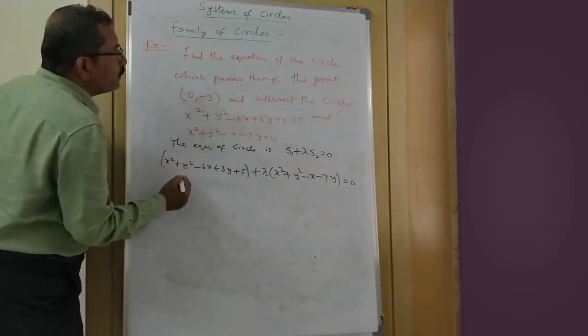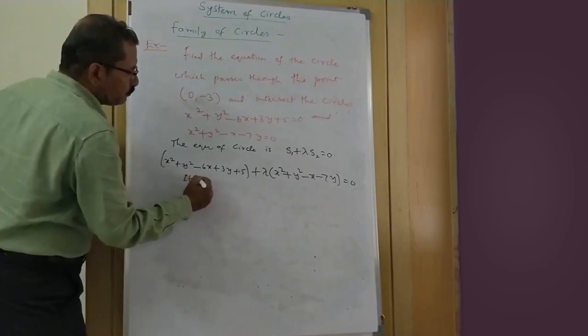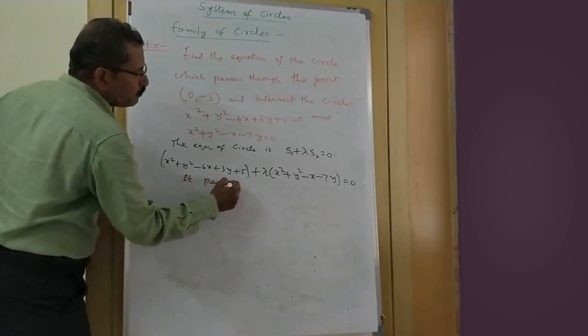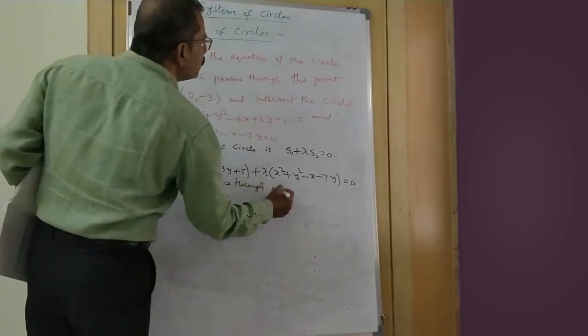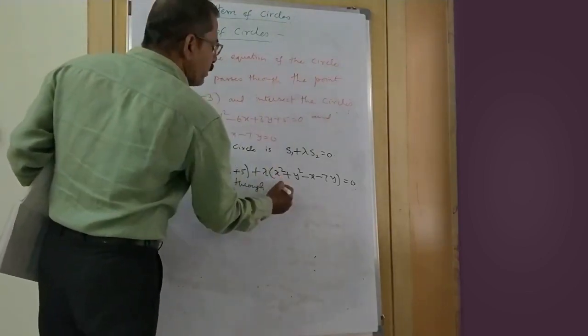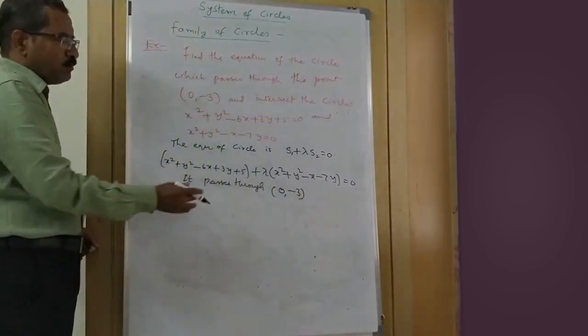And it is also given that it passes through the point 0 comma minus 3.